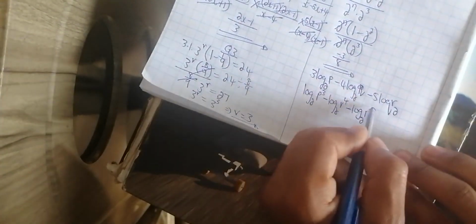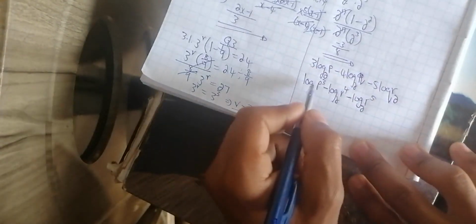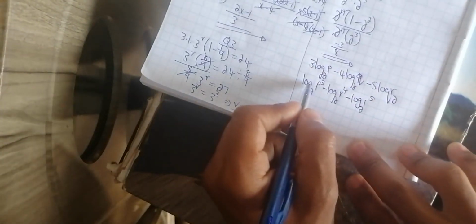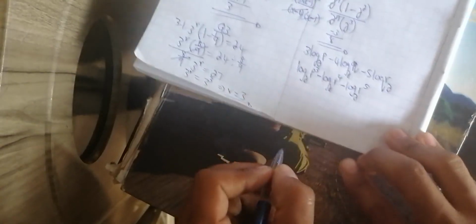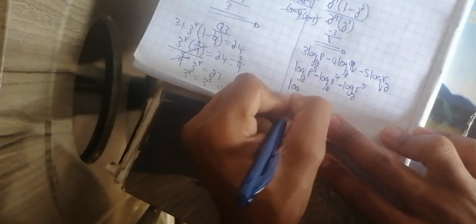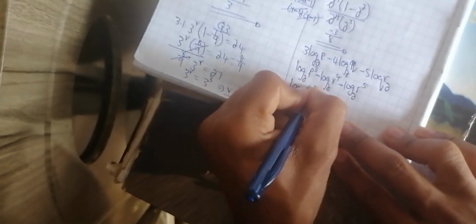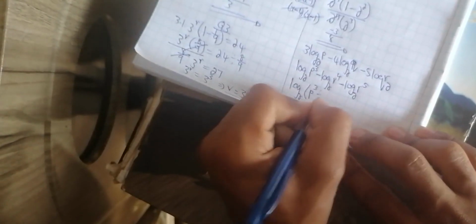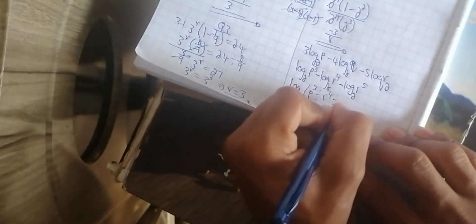Remember, I'm bringing this here, there, and so on. I know that when I subtract, I divide. So what I would have is log 2, then p cubed divided by r to the 4 divided by r to the 5. This is what I would get.